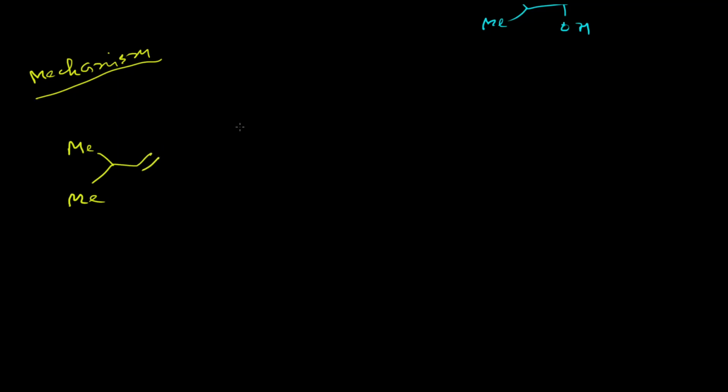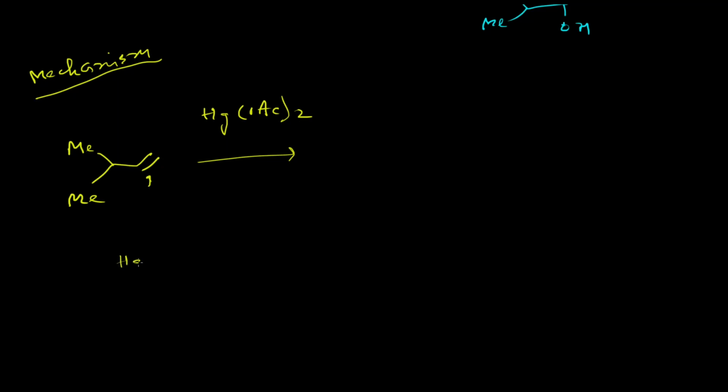So this is our alkene. This is mercuric acetate. Eventually this is an electrophilic addition reaction to this double bond. So which one is the electrophile in this case?